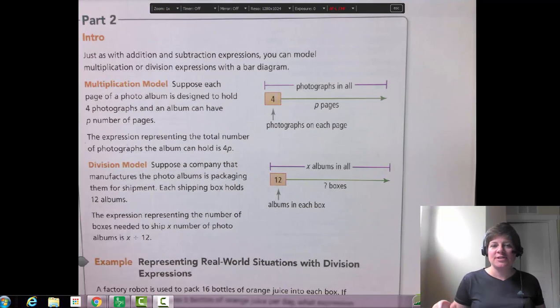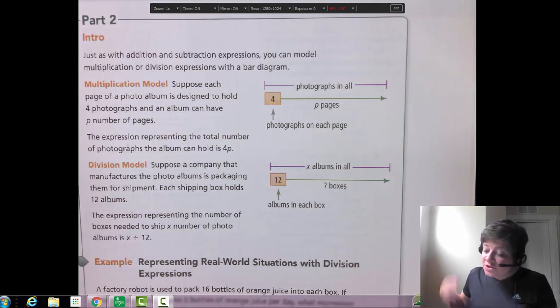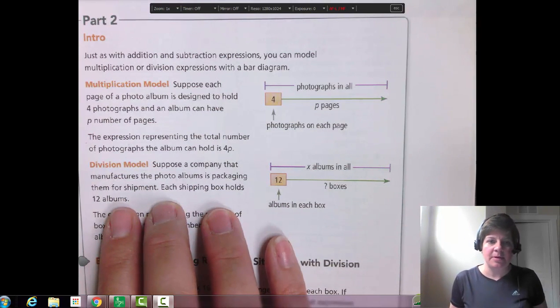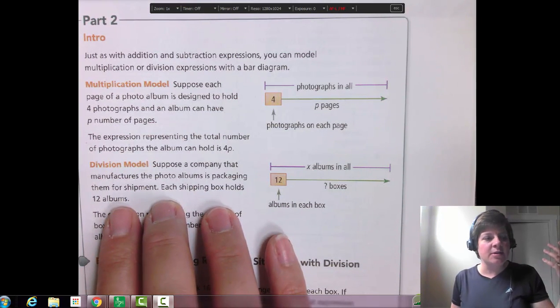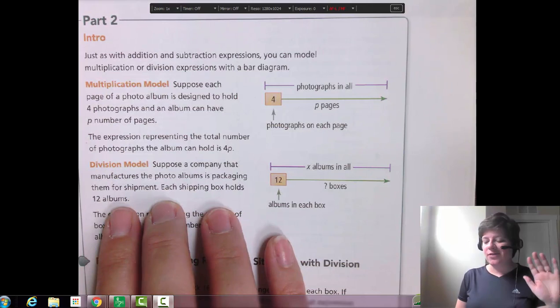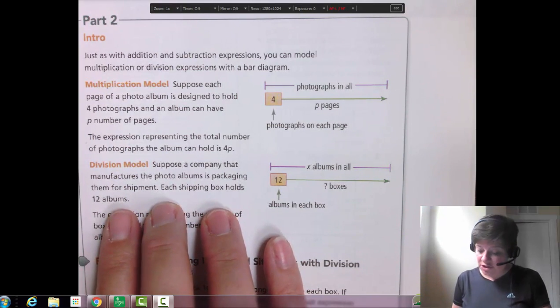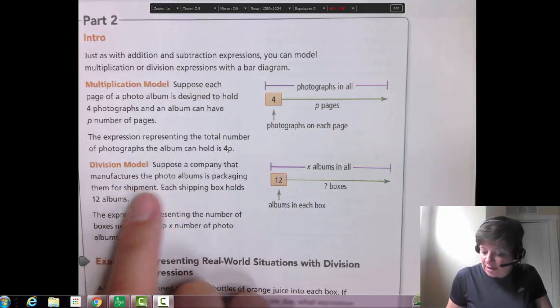I prefer just thinking of it as 4P or 4 dot P, 4 times P. And we do want to start using the dot and not the X as much as we can, starting really at this level. So division always brings in this word quotient, and that confuses people. Multiplication brings in the word product. So if you see those words, product is multiplication, quotient is division. But let's look at a division question here.